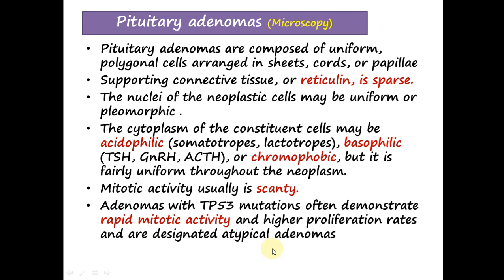However, there are some adenomas, particularly those adenomas that carry the p53 gene mutations. They are very aggressive and they may show rapid mitotic activity and excess proliferation of the cells, and for that reason they are also known as atypical adenomas.